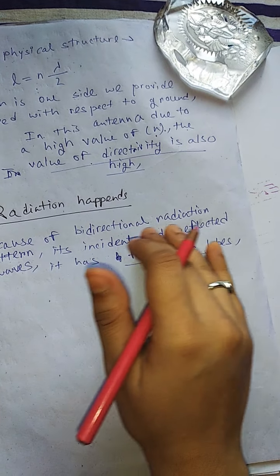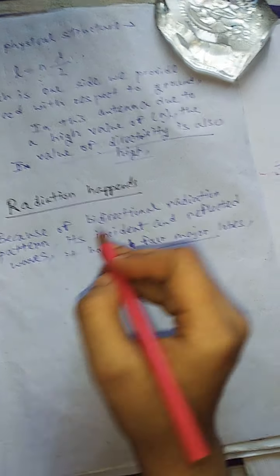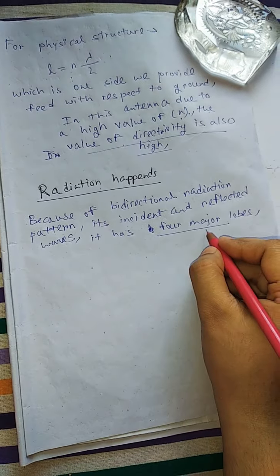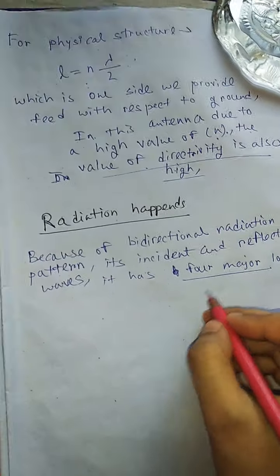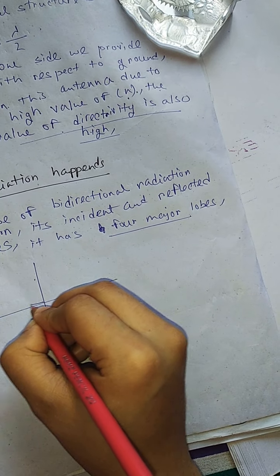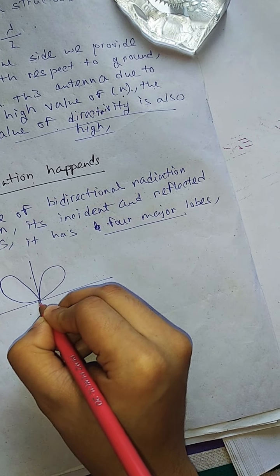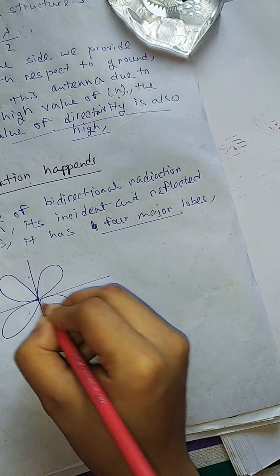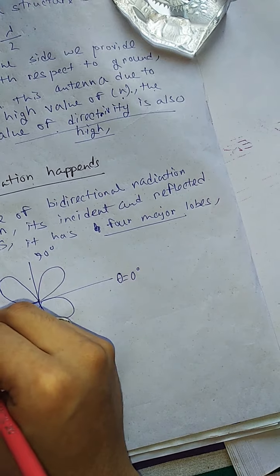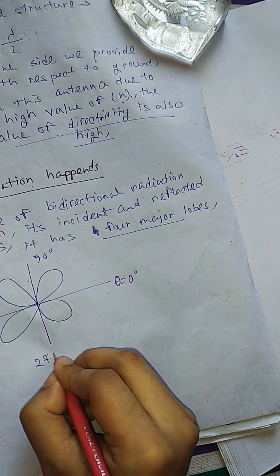Because it is a bidirectional radiation pattern. These are the 4 major lobes at theta equal to 0 degree, 90 degree, 180 degree and 270 degree.